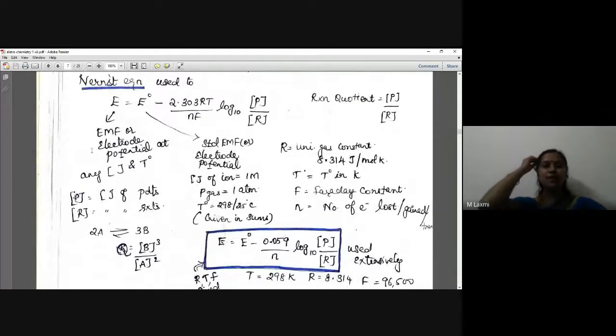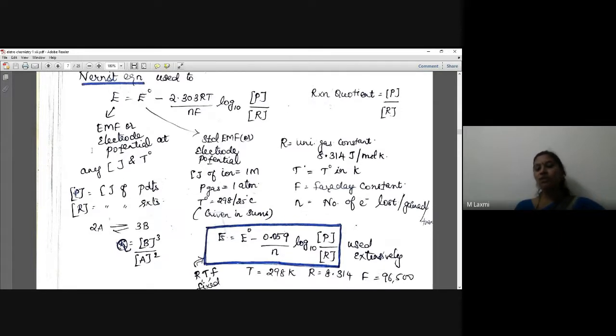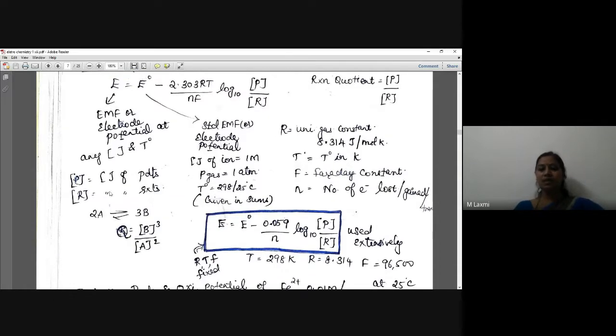Then we saw what the Nernst equation is, which is used to find the EMF or electrode potential at any concentration and at any temperature. The equation used extensively in the numericals is this box. Electrode potential is equal to standard electrode potential minus 0.059.